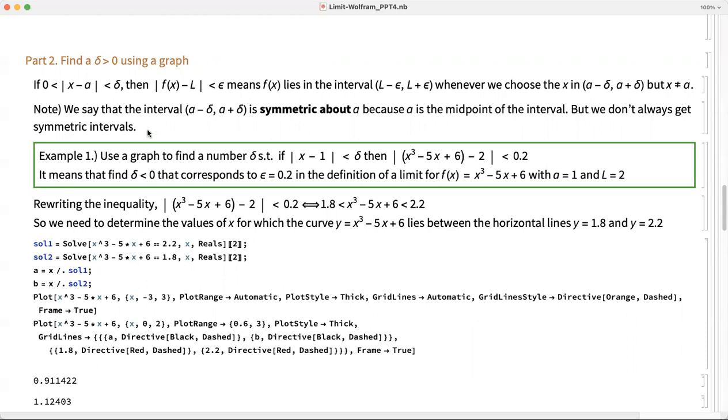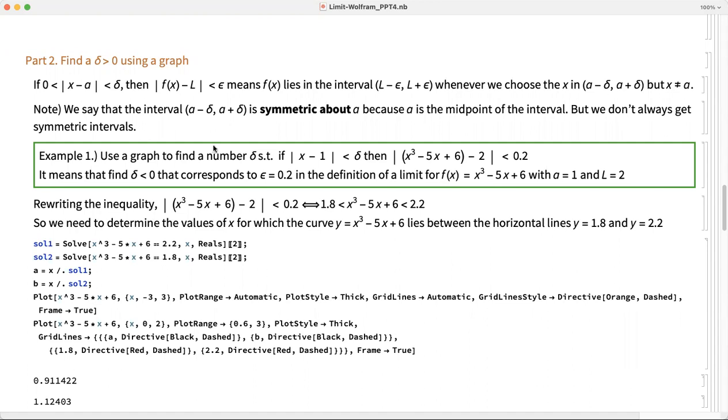Because there is an absolute value here and here, we could express the inequality as an interval like that. Now note: we say that the interval (a − delta, a + delta) is symmetric about a, because a is the midpoint of the interval. But we don't always get symmetry.